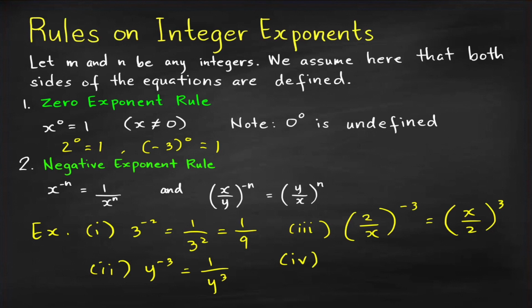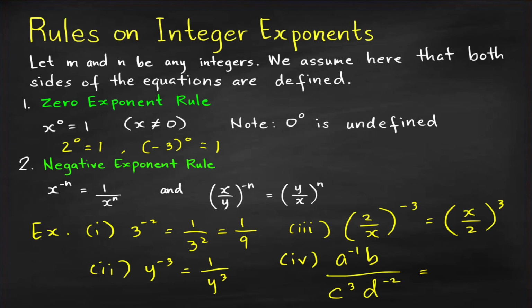And lastly, let's say we have a raised to negative 1, b over c raised to 3, and d raised to negative 2. In simplifying expressions, we want all the powers to be non-negative or positive.